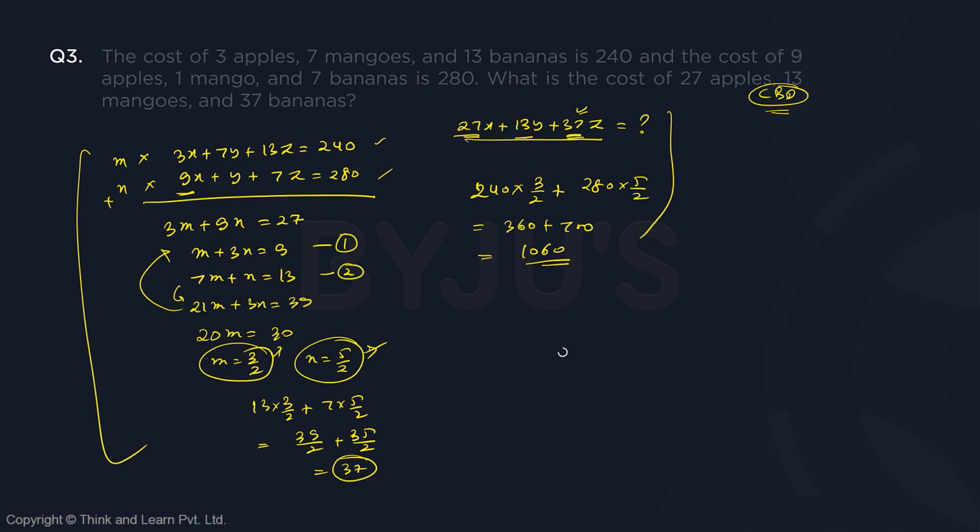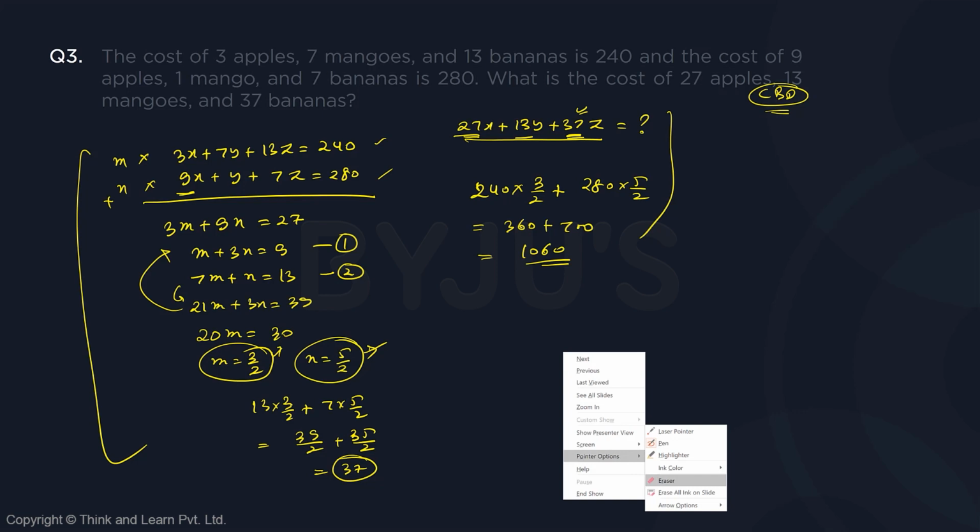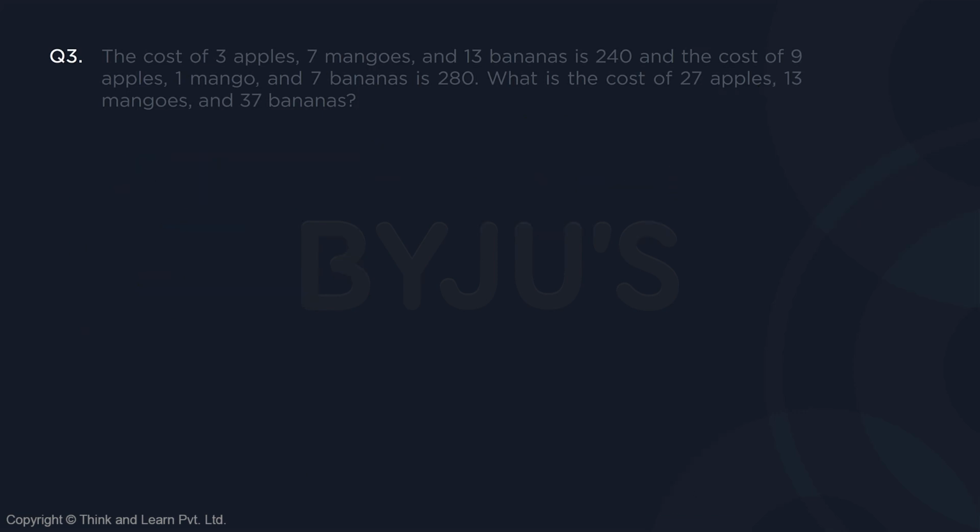Let's erase it first of all. The shortcut is simply to assume any value equal to 0, I mean x, y or z. Let's say z is equal to 0. If z is equal to 0, the equations become 3x plus 7y is equal to 240 and 9x plus y is equal to 280. Solve it to get the value of y.